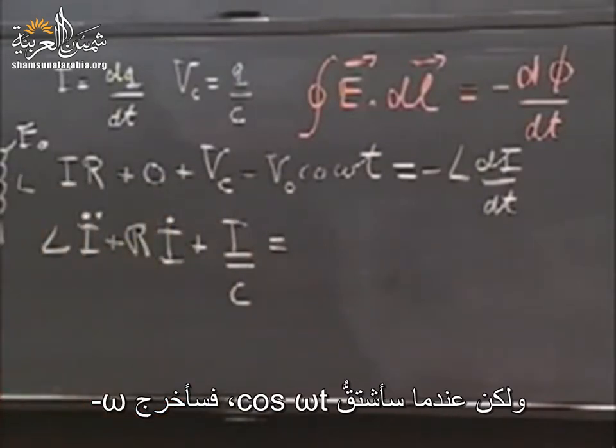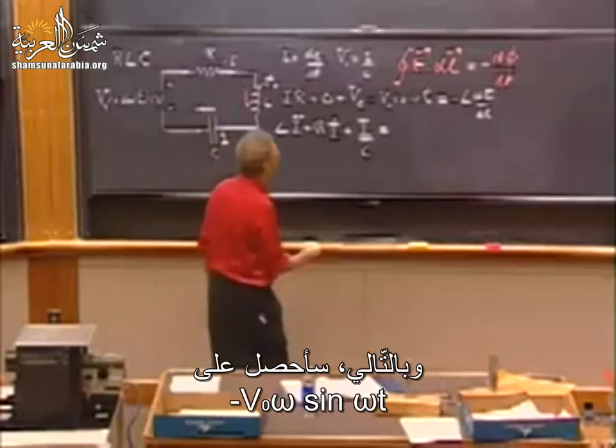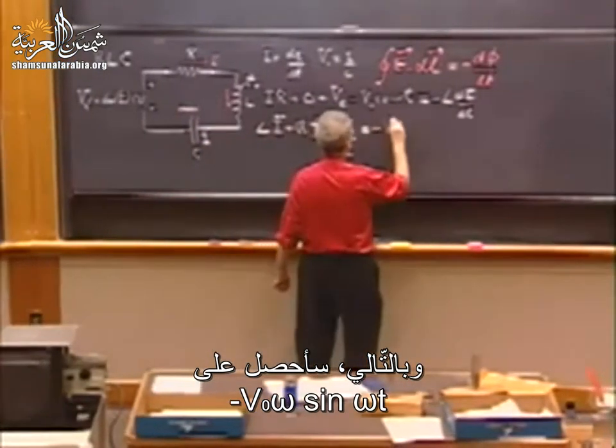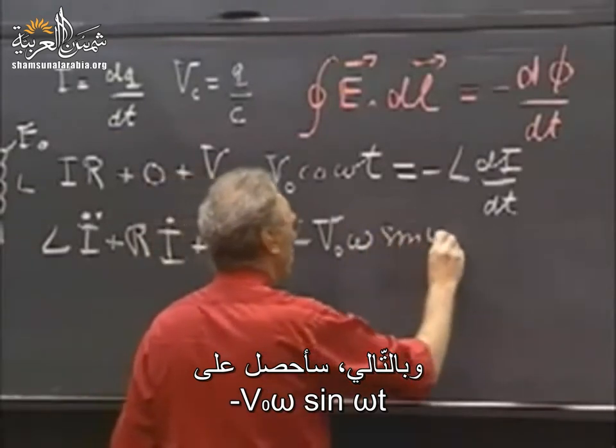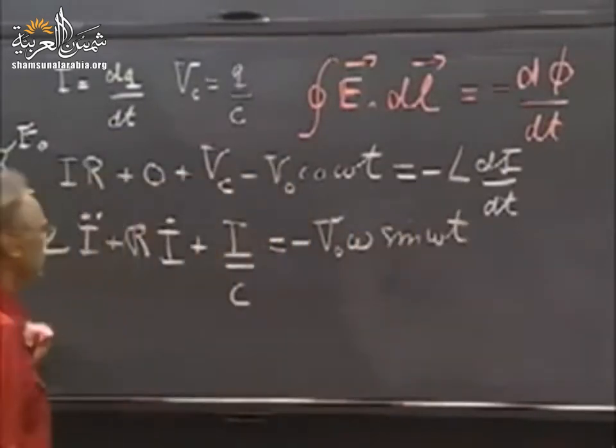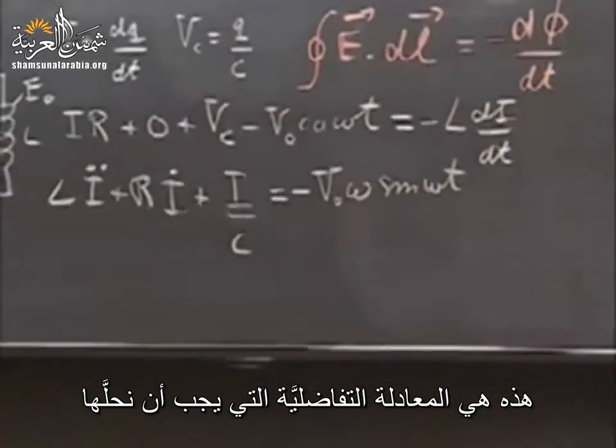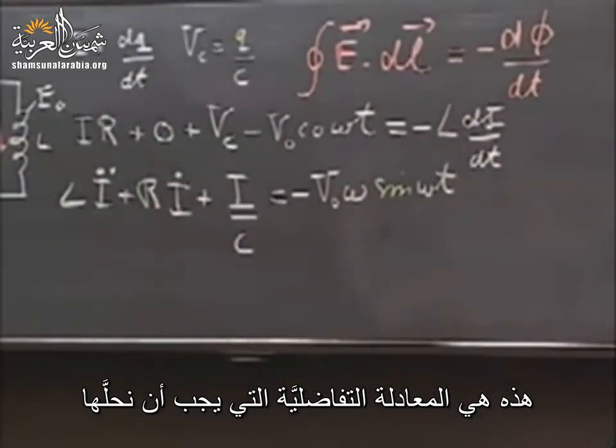But when I take the derivative of the cosine omega t, I get a minus omega out. So I get here minus V0 times omega times the sine of omega t.